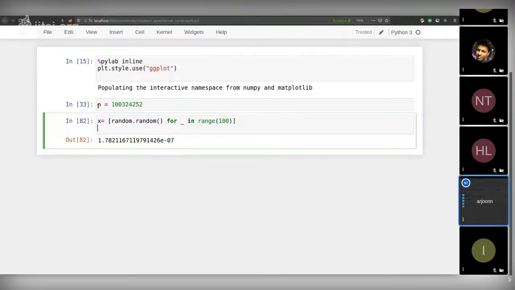Let's divide it by 2 100 times, right? We are going to end up near 0. That's the idea. That behavior of always tending to some point is what is called an attractor, right?